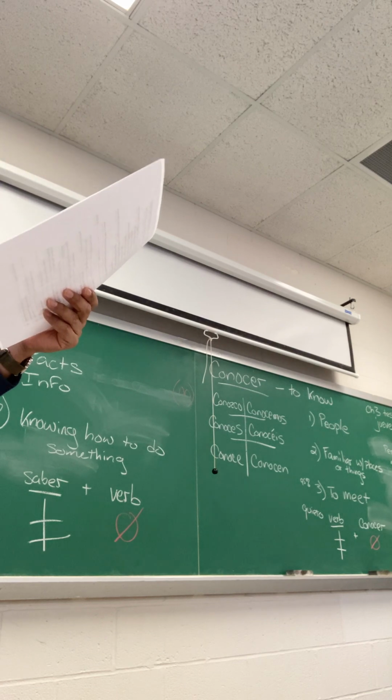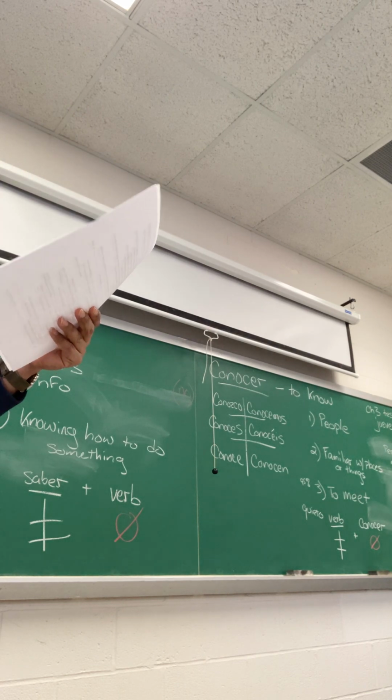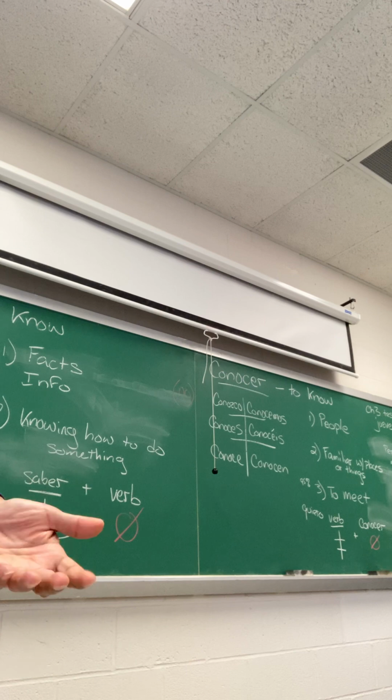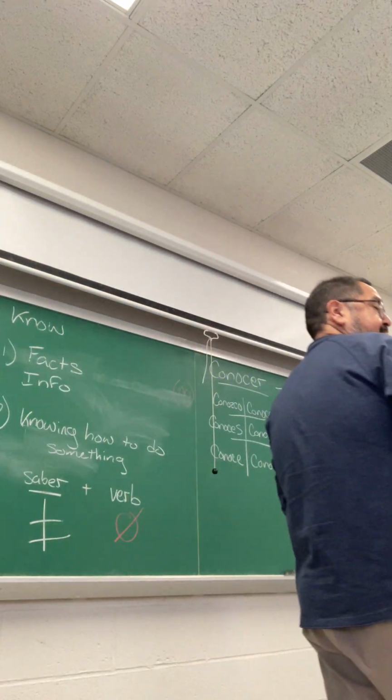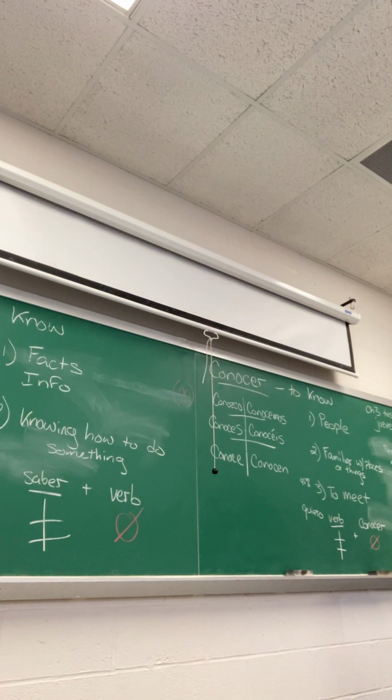Conozco. So number one, yo conozco a Beatriz. I know Beatrice. Pero no sé de dónde es. But I don't know where she's from. It's still in the yo form. No sé. Okay, I don't know where she's from.